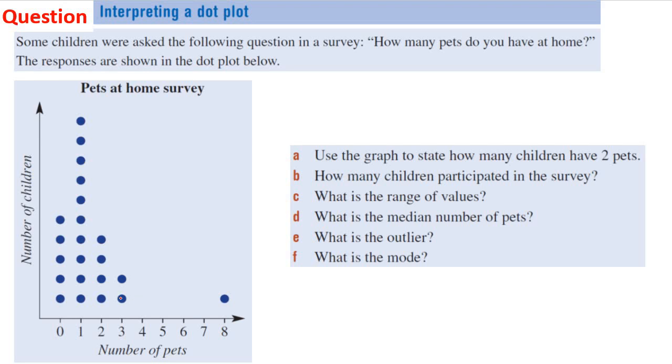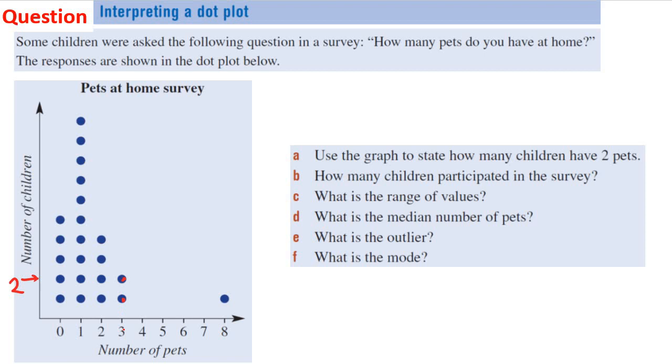Can you tell me? You see, 2 means 2 dots. So how many children have 2 pets? Now you have to carefully observe. Here you see 2 dots, right? These 2 dots mean the number of children, so you have to read from here. So 2 dots means 2 children.